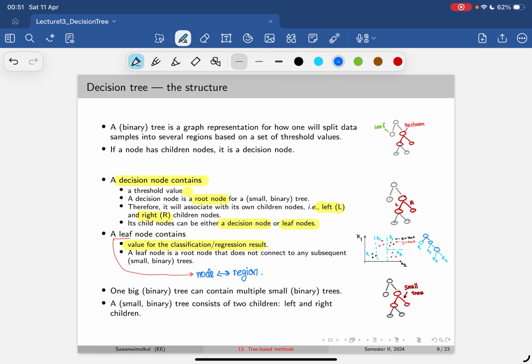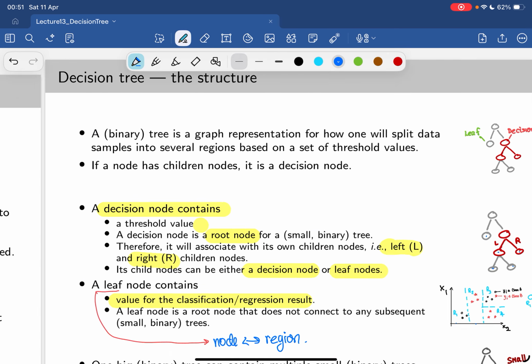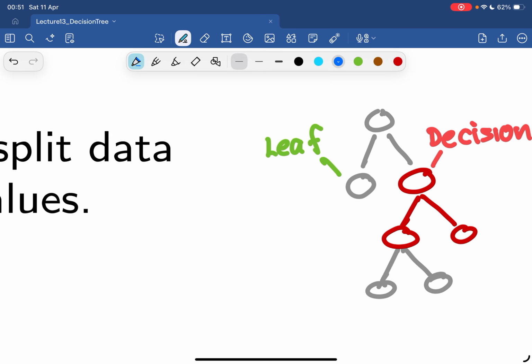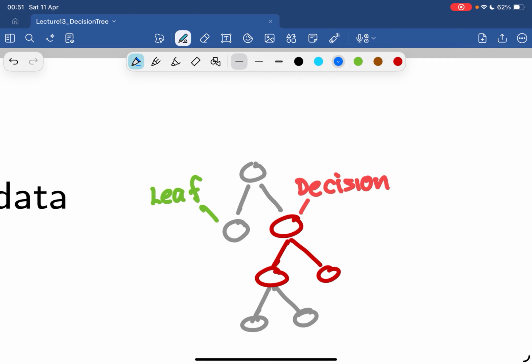Okay, before we go over how to build those regions with a decision tree, let's define some components of the decision tree. Firstly, we have a tree, right? A tree consists of nodes, but there are two types of nodes that we are considering.